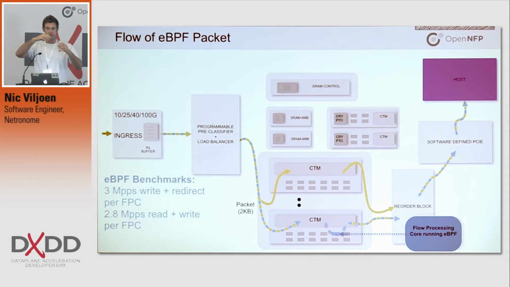So you would run through the standard NIC data path, and then after going through a particular core NIC flow processing core, you would run to the actual eBPF flow processing core. So that's how that would work out. And then afterwards, again, through the reorder block and so on.